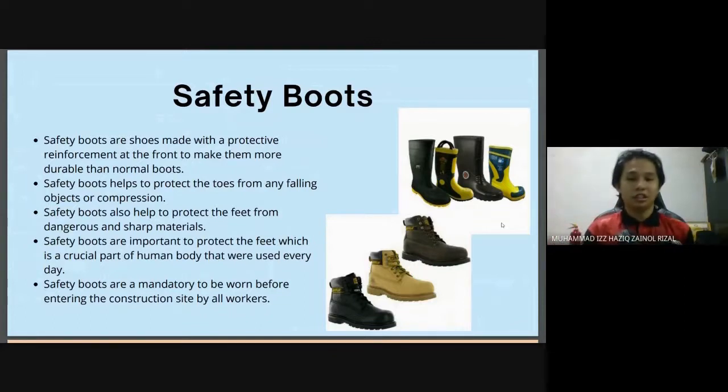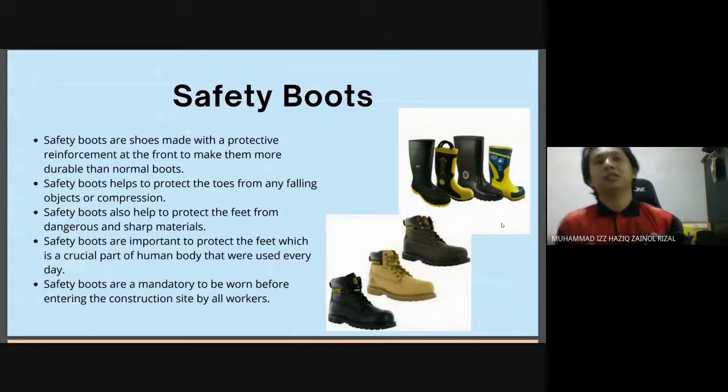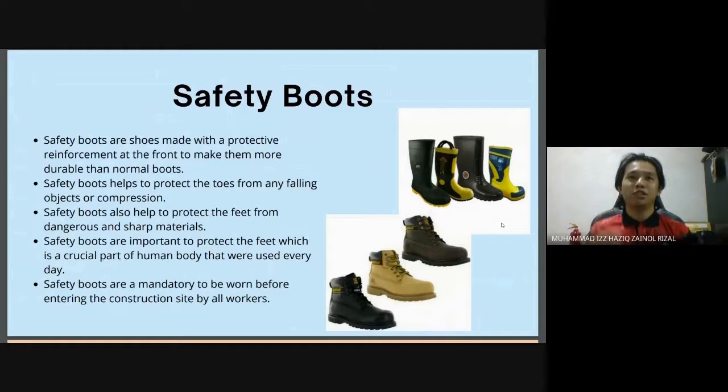This is a more fashionable safety boot, but it also serves the same purpose. It also has a layer that will protect our toes, and it has thick soles. So safety boots help to protect the toes from any falling objects or compression at the construction site.